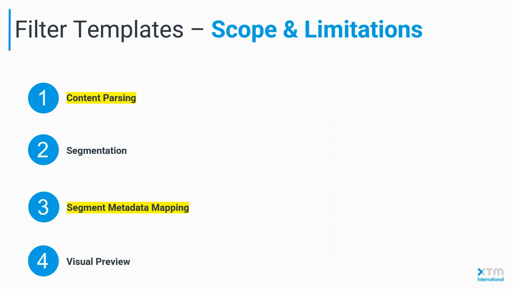So for content parsing, the idea is that with a filter template, you can create specific rules, different from the ones that come with XTM out of the box for parsing content. These rules specify in what part of the file structure the translatable content is located. The filter template can include filters for multiple file formats at the same time, but it cannot differentiate between target languages.